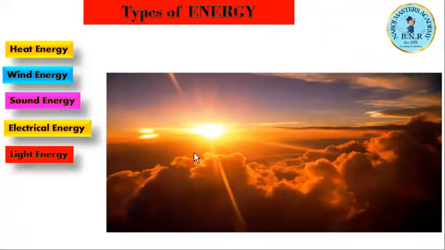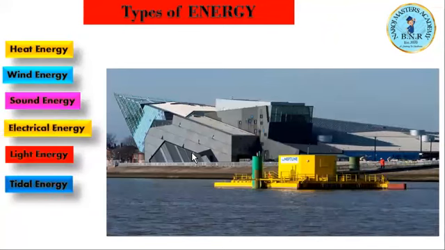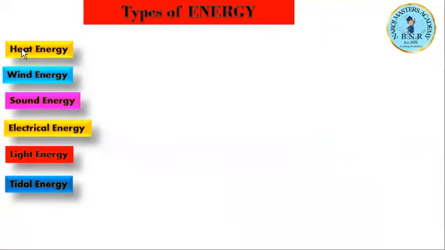If you see, one more energy is also there, tidal energy. So these are the types of energies: heat energy, wind energy, sound energy, electrical energy, light energy, tidal energy, solar energy.